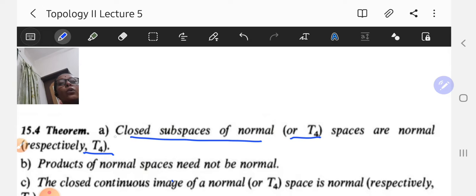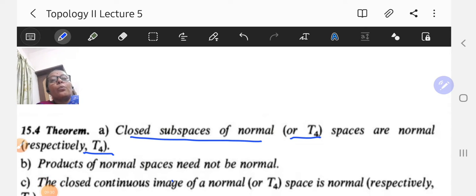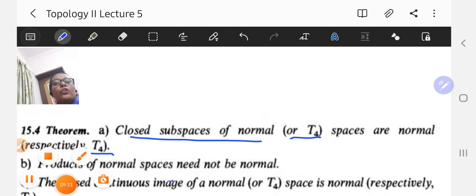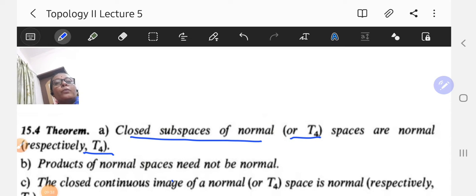The second result is about normal: a closed subspace of a normal space is normal, and that result for an arbitrary subspace of a T4 space need not be T4. Again, for product spaces, a product of normal spaces need not be normal.